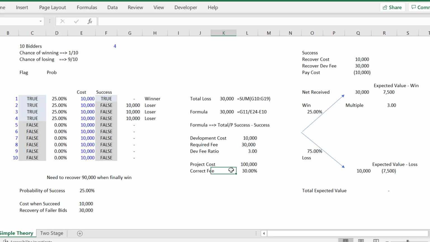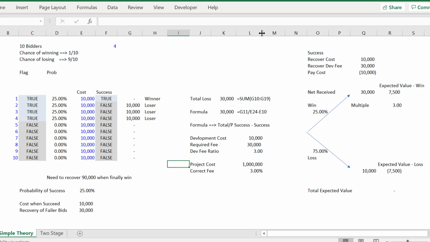Okay. That's the idea. And that works okay if you can say the fee, we pay a bid, everybody has to pay the same amount. There are no gates.